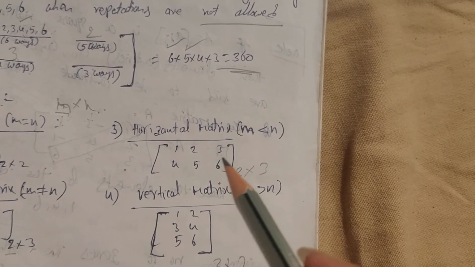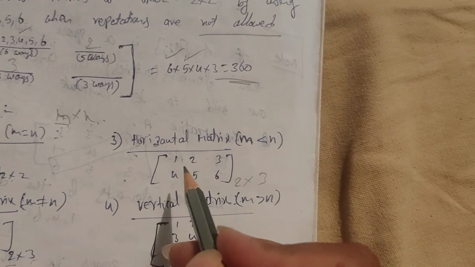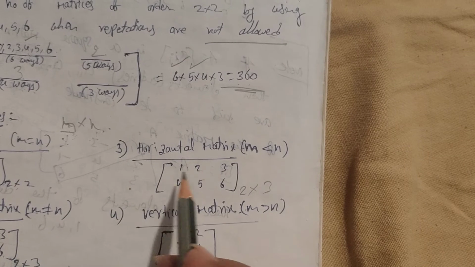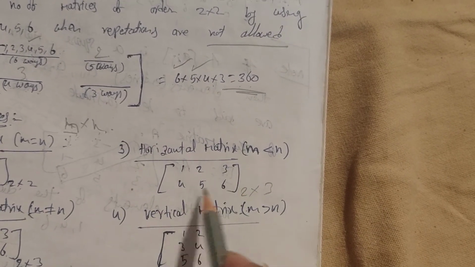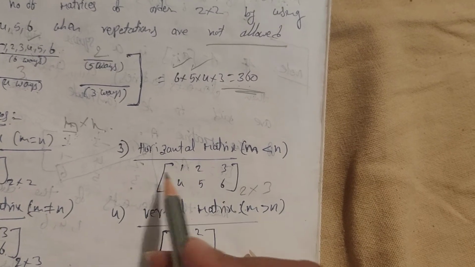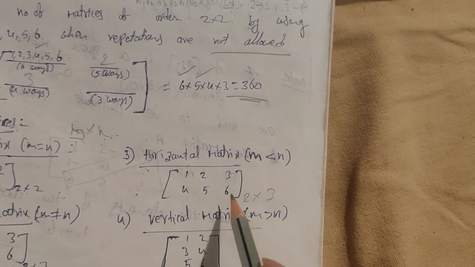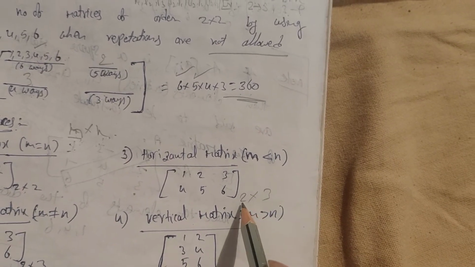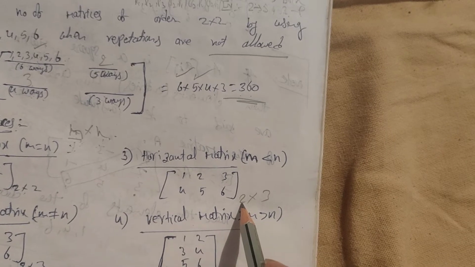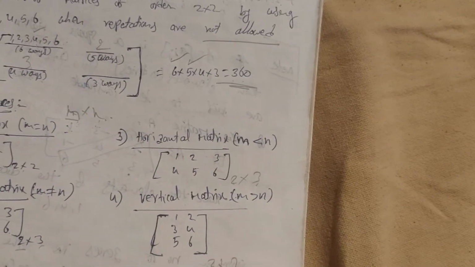For example, if the number of rows is equal to 2 and the number of columns is equal to 3, then you get that shape. So here m is less than n. When the number of rows is less than the number of columns, that matrix is called a horizontal matrix.